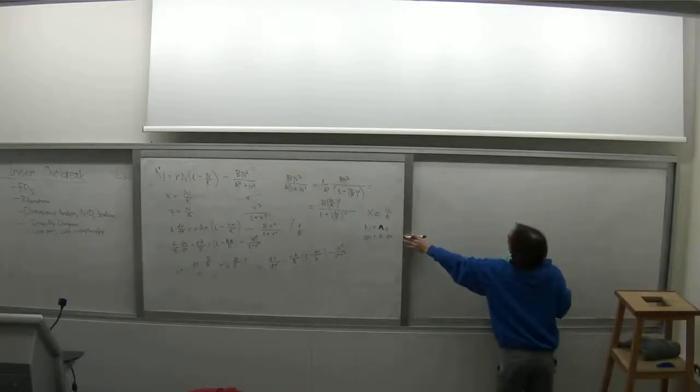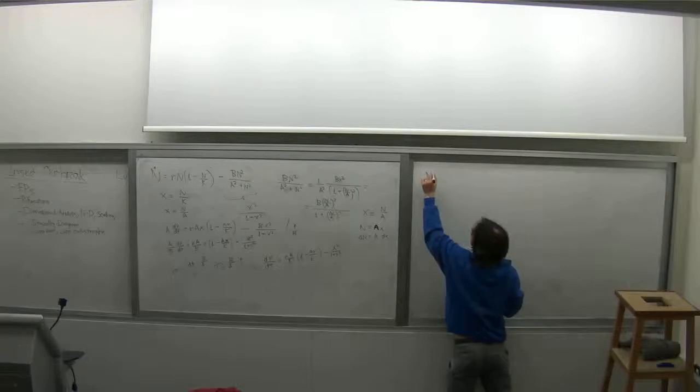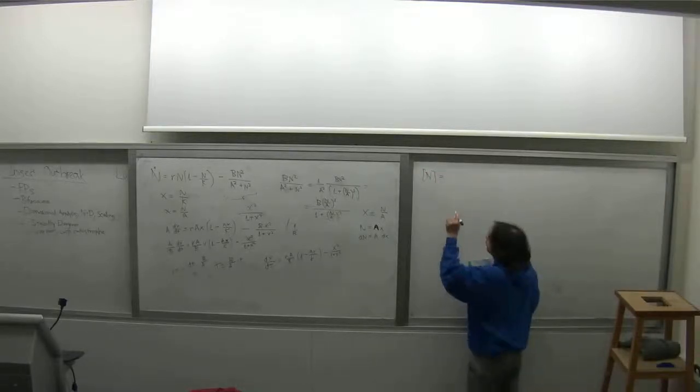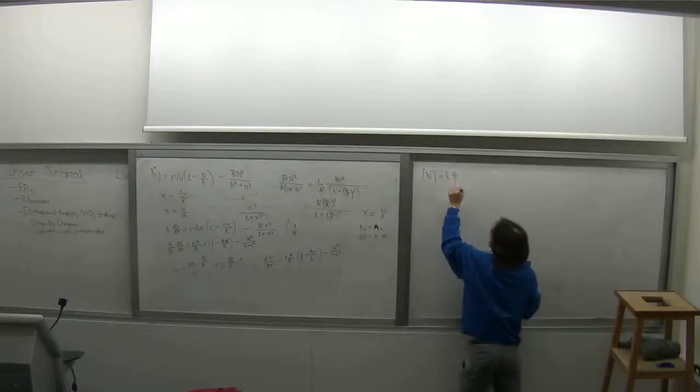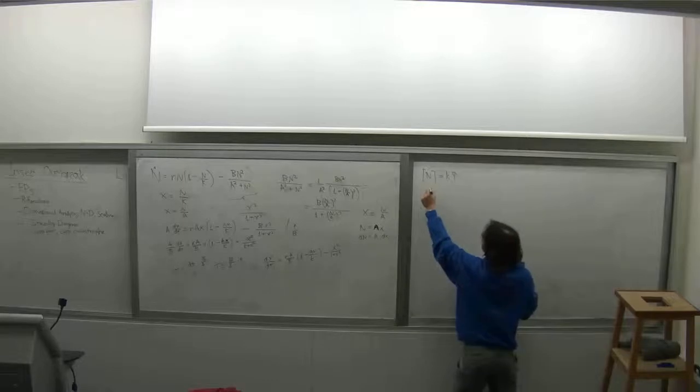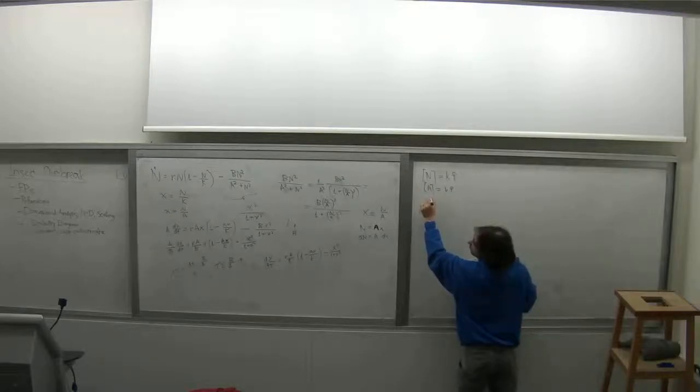So the dimension of n, last time we used kilo people, and now we will have kilo worms. And the dimension of a is also kilo worms.